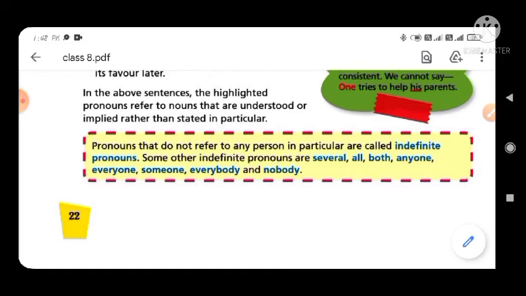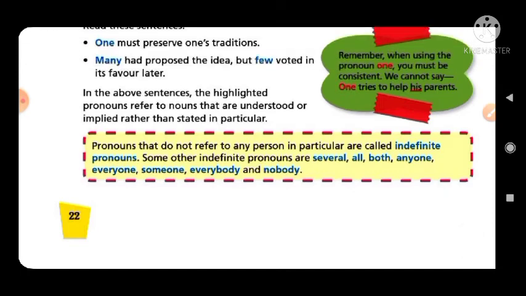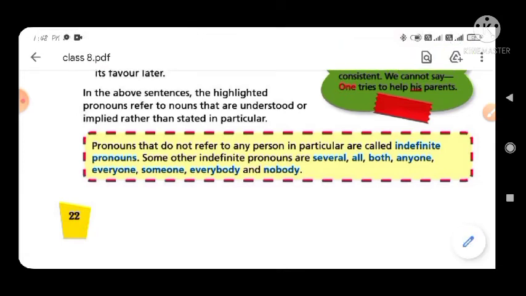One of these books belongs to Rita. So here one of these is the demonstrative pronoun. It is used as an indefinite pronoun when we refer to an unspecified person or thing. For example, one should always try to be patient. Here one refers to the indefinite.